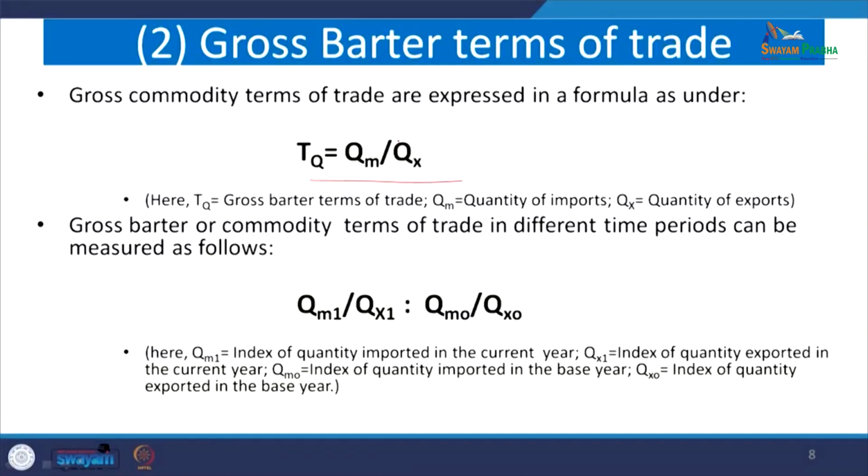But now, due to the approach of understanding terms of trade through quantity produced or quantity traded, we feel that just the ratio is clarifying the concept: quantity of imports divided by quantity of exports times 100. So, TQ stands for gross barter terms of trade, QM stands for quantity of imports, and QX stands for quantity of exports. Similarly, there can be different time periods to compare the gross barter terms of trade. Why are we saying barter terms of trade? Because goods are exchanged with goods.